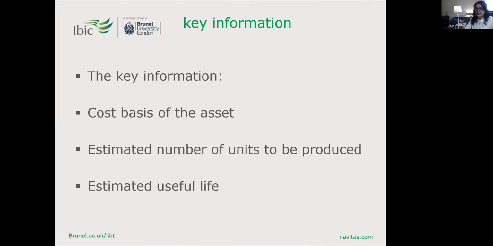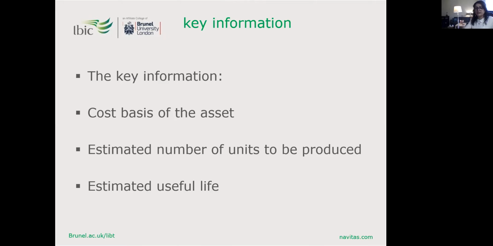And then, for finding the estimated number of units to be produced, the unit of production is based on what we call wear and tear on the machinery, and it is the result of the number of units which it is expected to produce over its useful life.